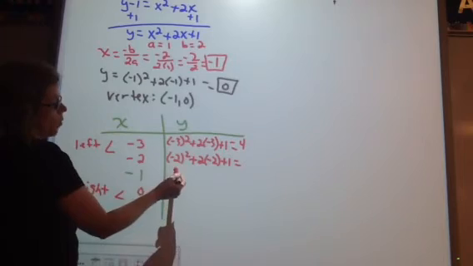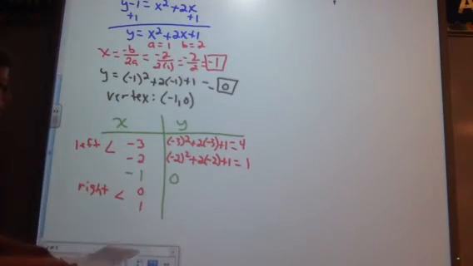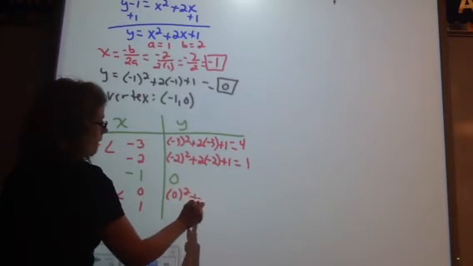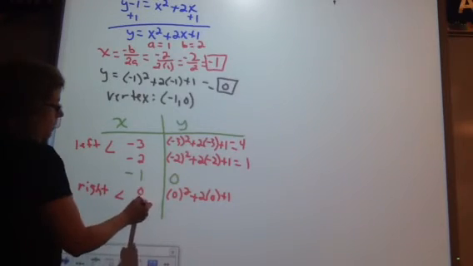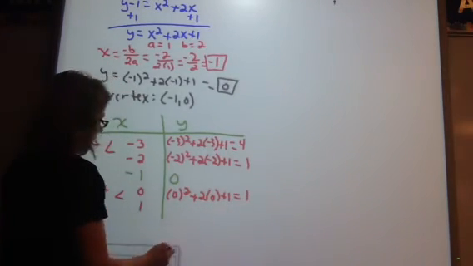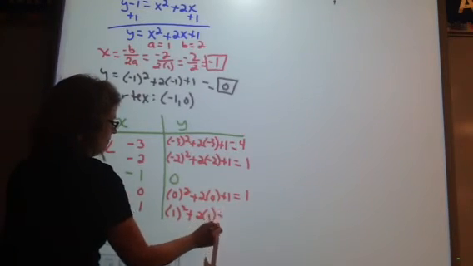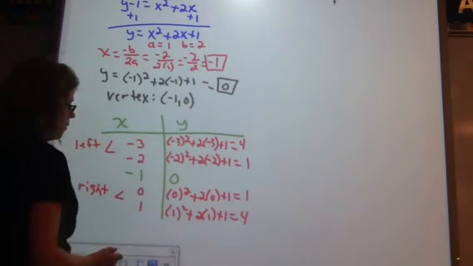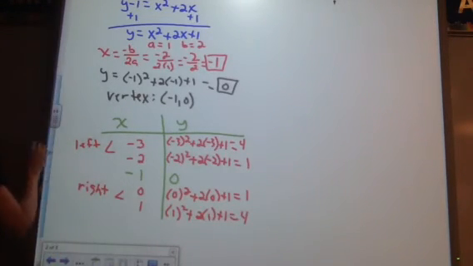So I have +4 plus a -4 plus 1, so y is 1. And then let's substitute 0 in for x. All right. So we're going to get a +1, and then let's substitute 1 in for x. And we should get a 4. 1 plus 2 plus 1. Yes. All right, so now let's graph this.